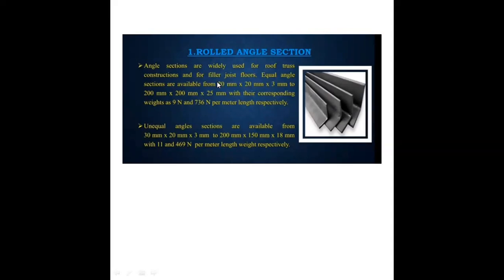Equal angle sections are available from 20 mm by 20 mm by 3 mm thickness up to 200 mm by 200 mm by 25 mm, with their corresponding weights in Newton per meter length. Unequal angle sections are available from 30 mm by 20 mm by 3 mm, also with weight per meter length.